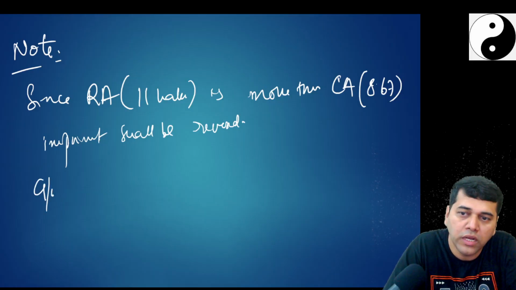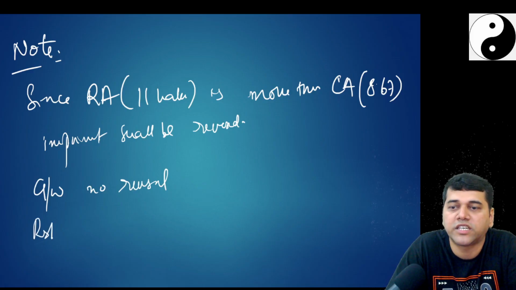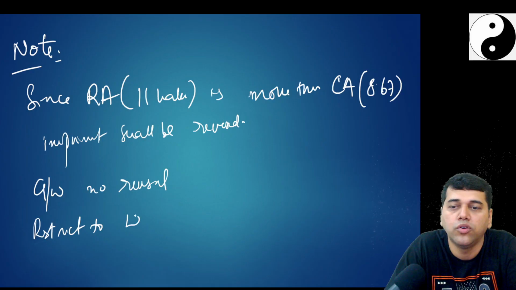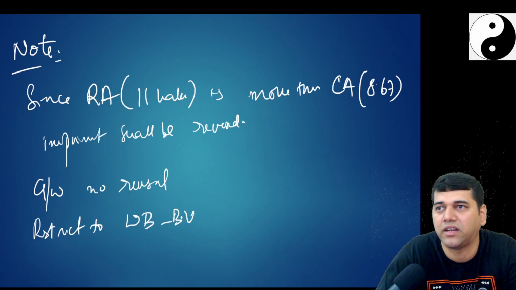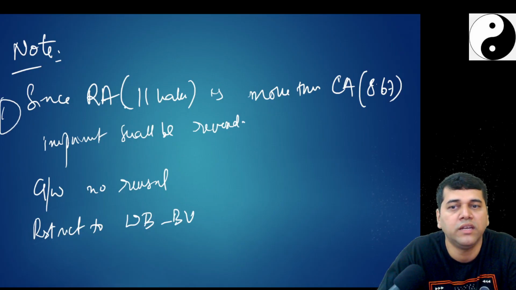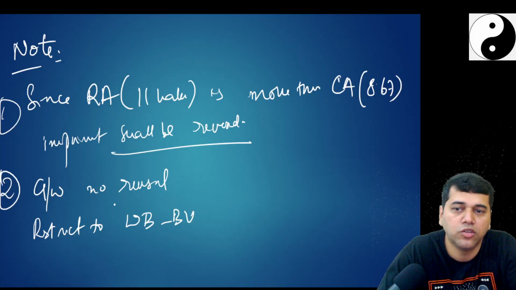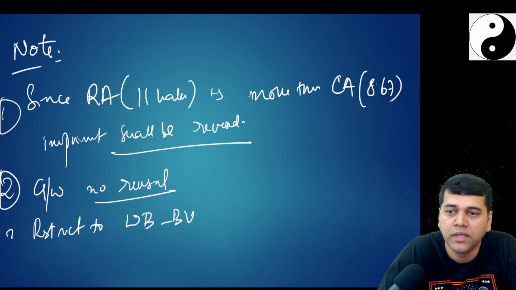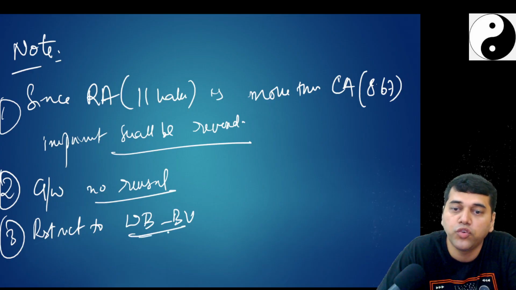And goodwill, no reversal. Restrict to would-be book value. Okay, simple shortcuts I'll write. First, you need to reverse the impairment. Second, goodwill, no reversal is going to happen. Third, restrict the carrying amount reversal to the would-be book value.